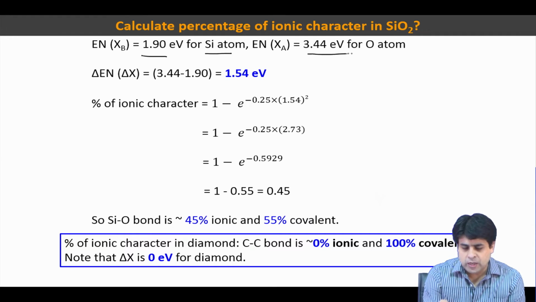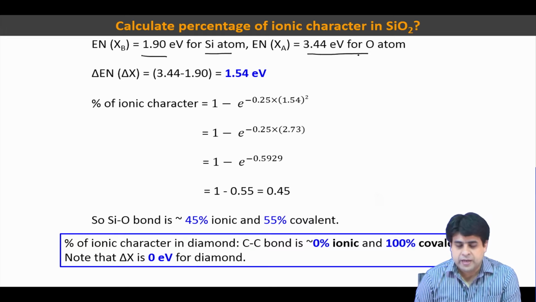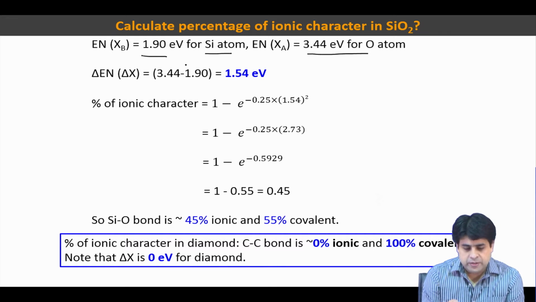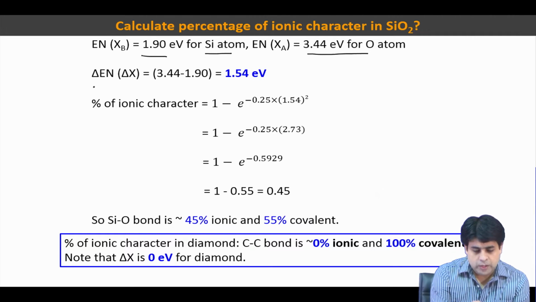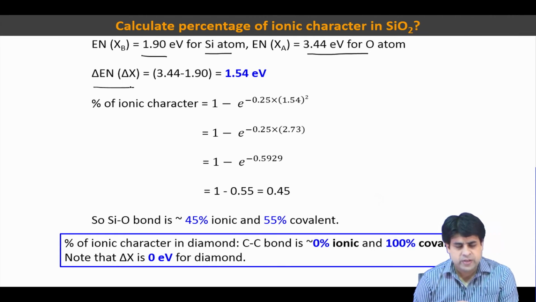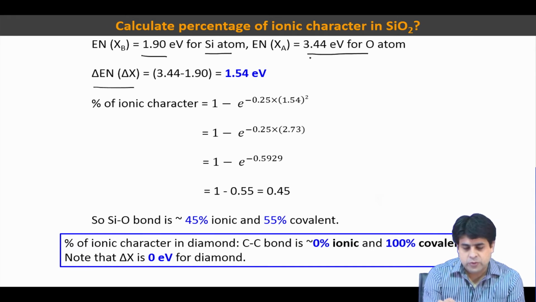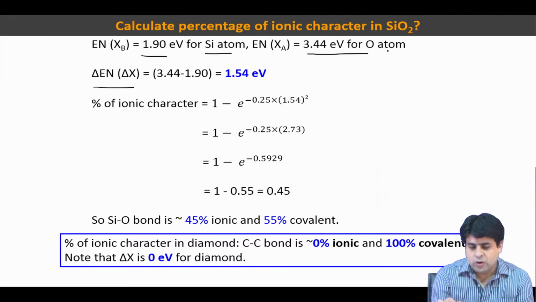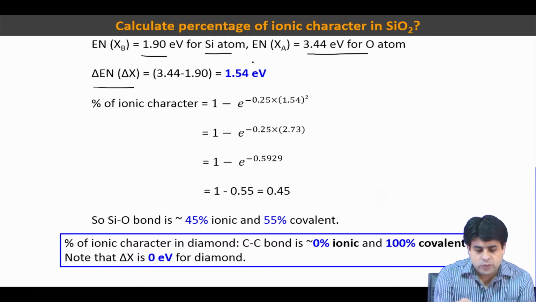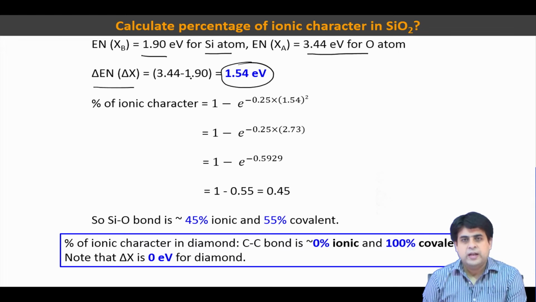We also know the electronegativity of the oxygen atom, and if we take the difference of these two atoms, we get the electronegativity difference, which is defined by delta x. So you have 3.44, the electronegativity for oxygen, minus 1.90 electron volt, the electronegativity for silicon, and you get a value of 1.54 electron volt.